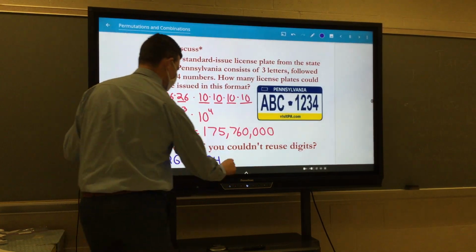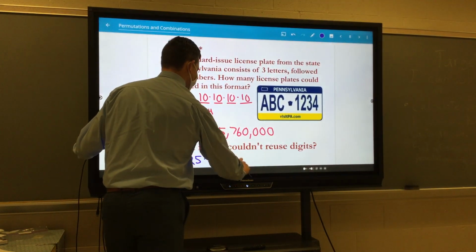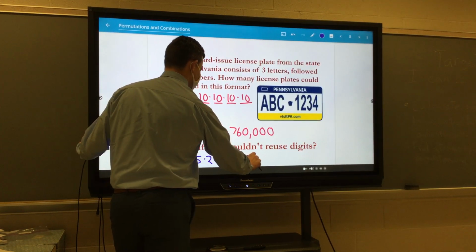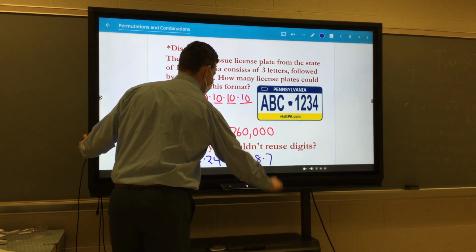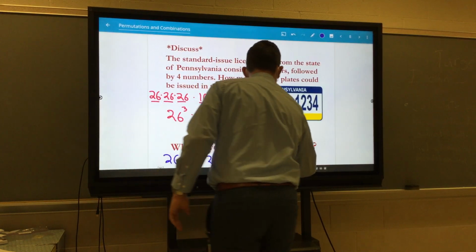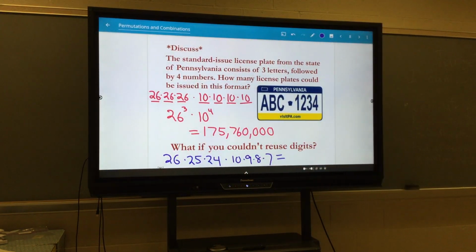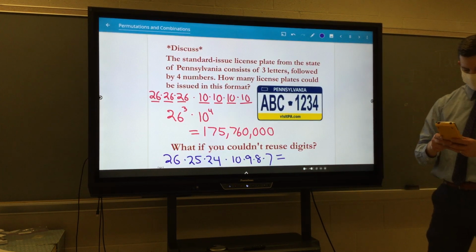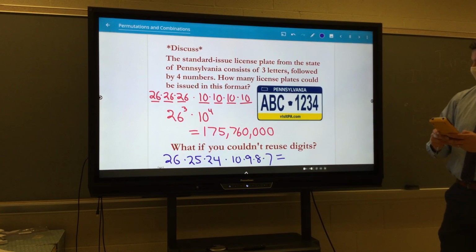And same kind of thing for the numbers. 10 for that first digit, but then 9, then 8, then 7. And if we're to multiply these out, clearly we're going to have a smaller number of possibilities. 26 times 25 times 24 times 10 times 9 times 8 times 7.